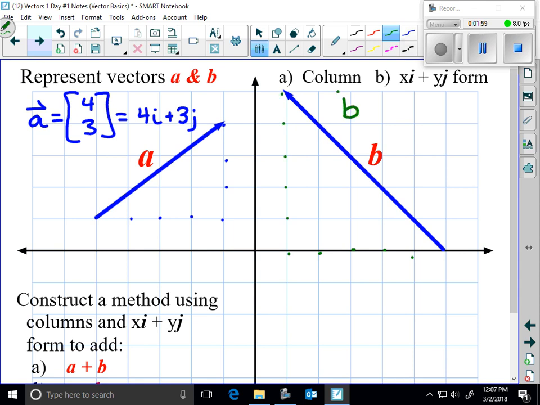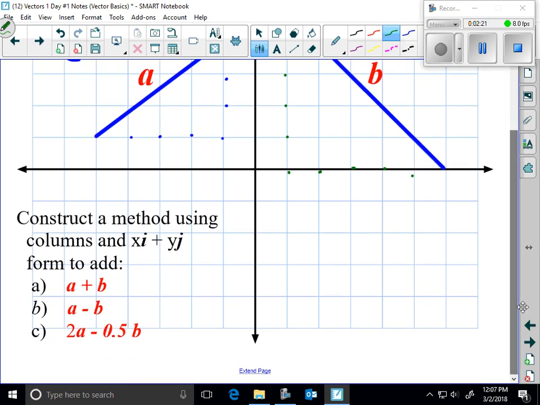So vector B could be written in the other representation in this way, -5i plus 5j.